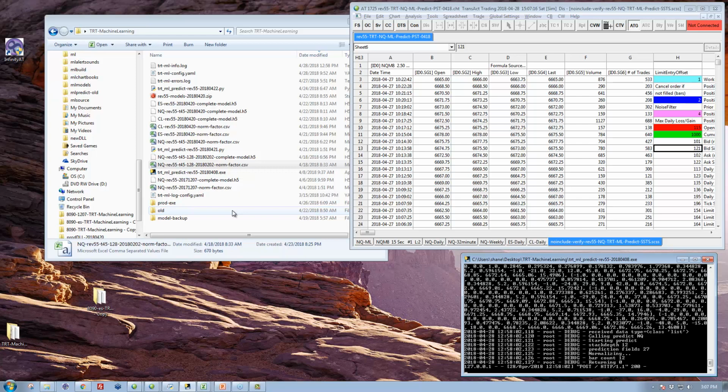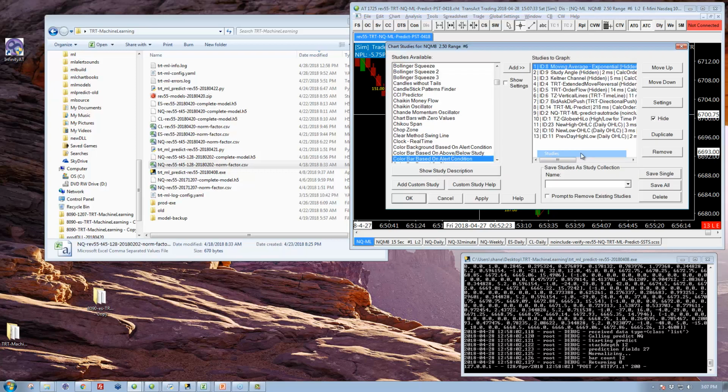But the DLL is not changing yet. It'll be next week, so you'll have a couple of days. It's really simple, actually. If you launch the system and go in here, and it doesn't say ML predict, it says custom study, go update your Sierra Chart. That's what that means.